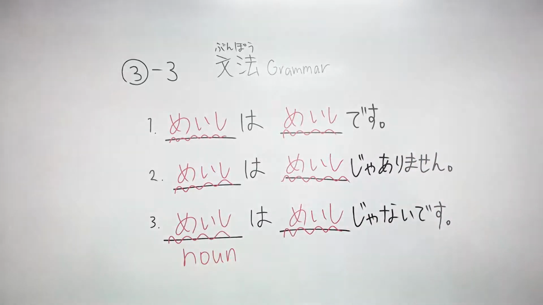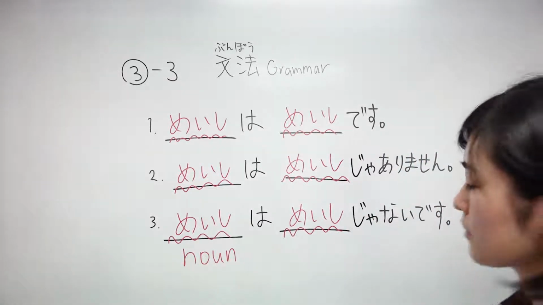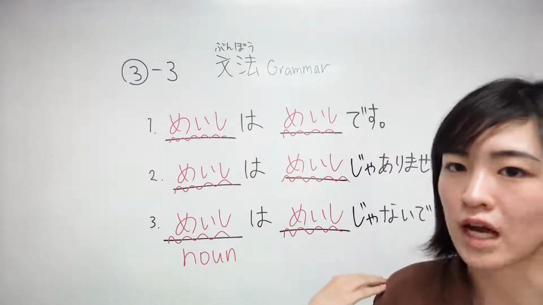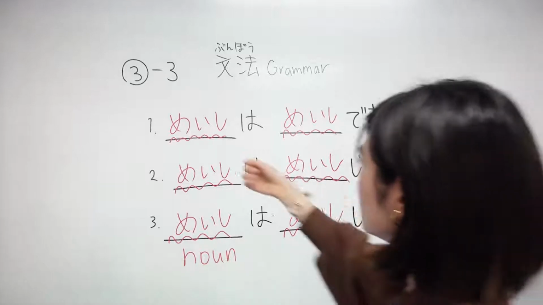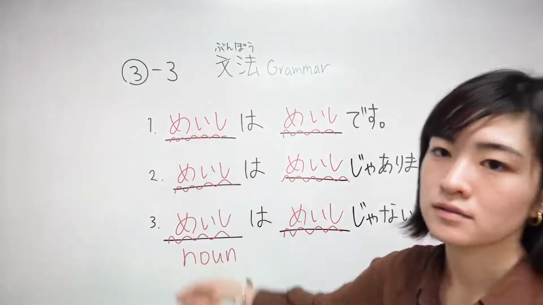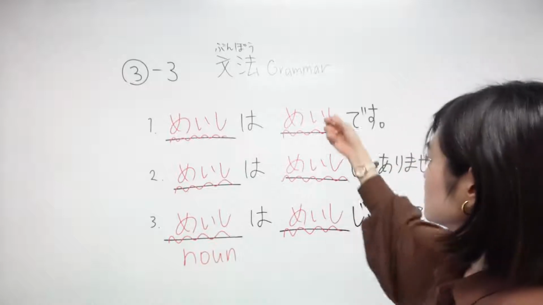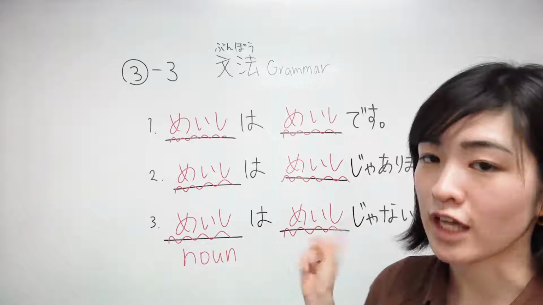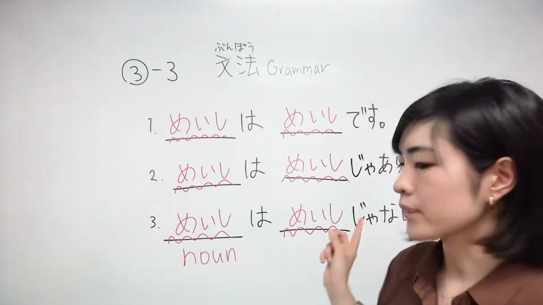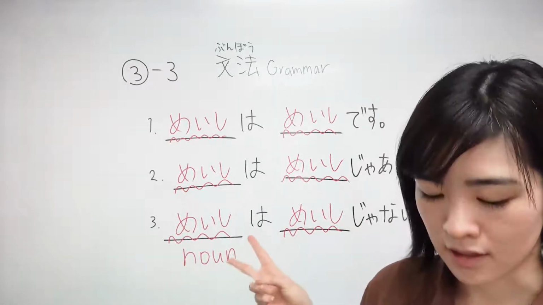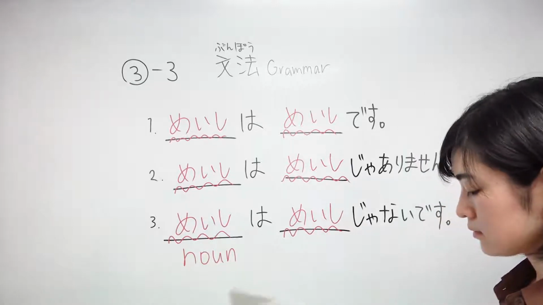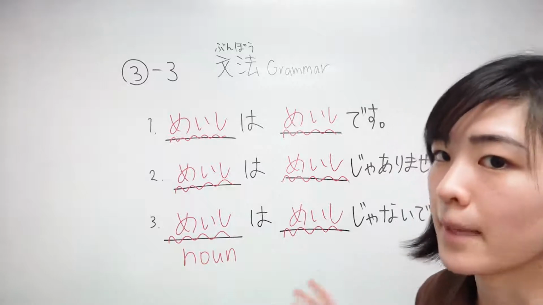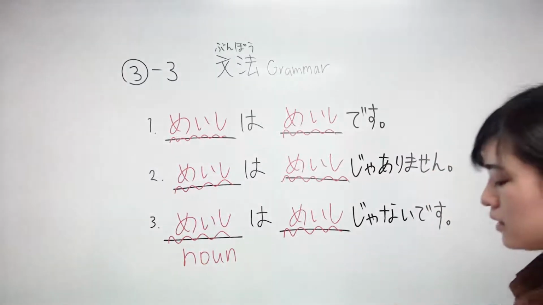So, in our sentences today, we used a lot of nouns that describe us, right? 私, okay, I. And what you are. 日本人, Japanese. 学生, a student. ベトナム人, Vietnamese.